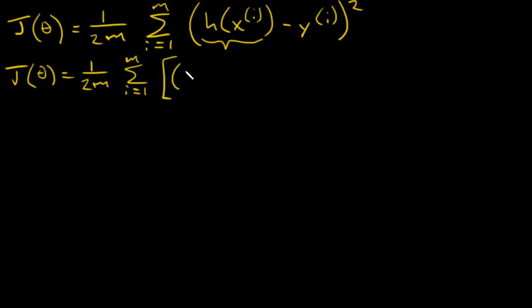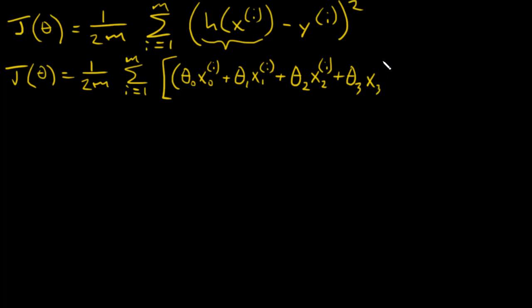Theta 0 x sub 0, plus theta 1 x sub 1, plus theta 2 x sub 2, plus theta 3 x sub 3, plus theta 4 x sub 4. That's my hypothesis function, minus y i, quantity squared.